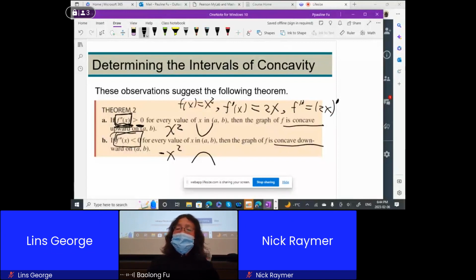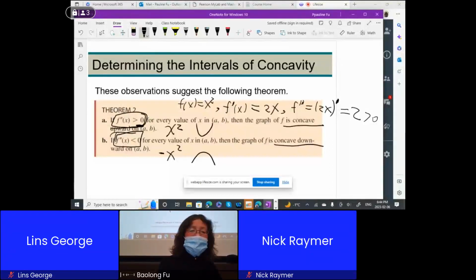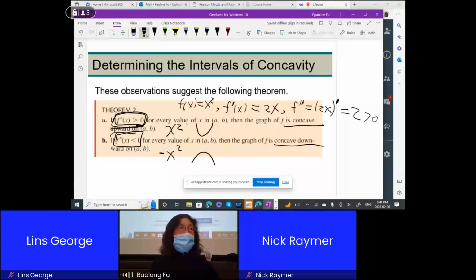So the derivative of 2x is just 2. 2 is absolutely a positive number. 2 is always greater than 0. So we conclude f second derivative is greater than 0. When the second derivative is greater than 0, the function is concave up. So x squared is concave up.